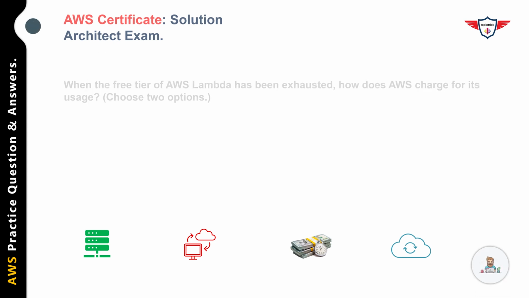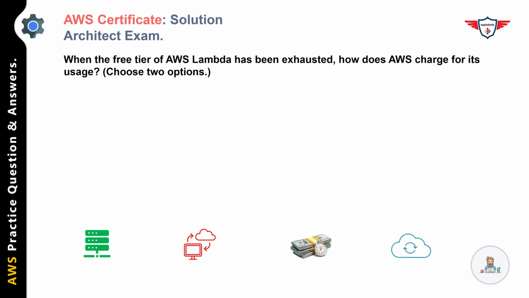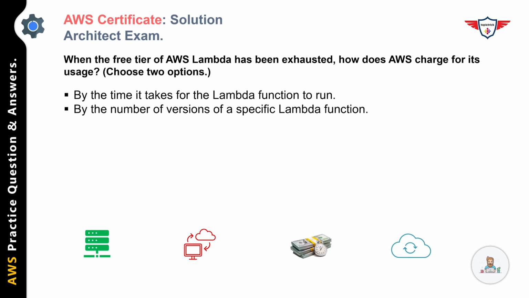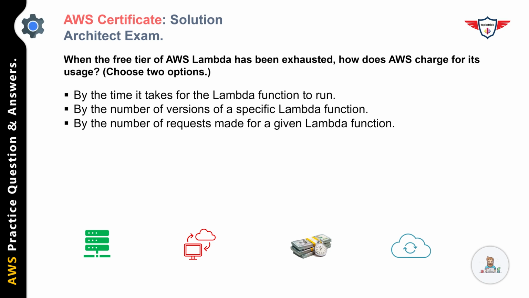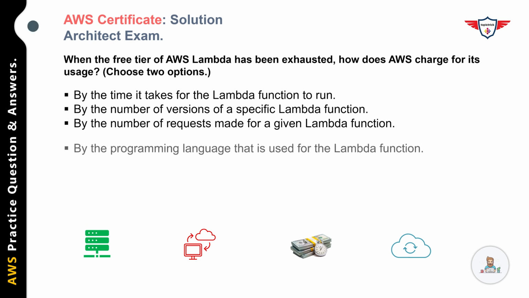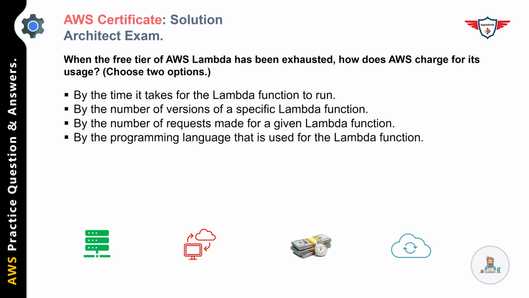When the free tier of AWS Lambda has been exhausted, how does AWS charge for its usage? You have to select two correct answers. Your options are: by the time it takes for the Lambda function to run, by the number of versions of a specific Lambda function, by the number of requests made to a given Lambda function, by the programming language that is used for the Lambda function, and by the total number of Lambda functions in an AWS account.